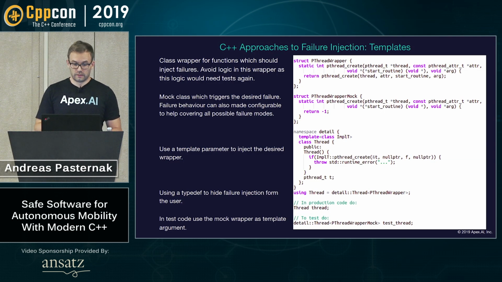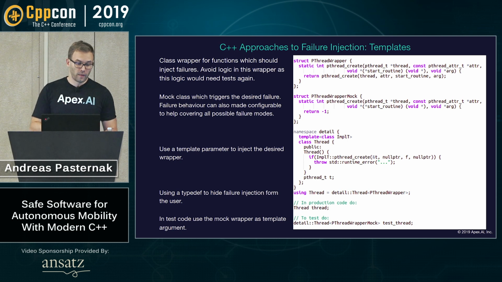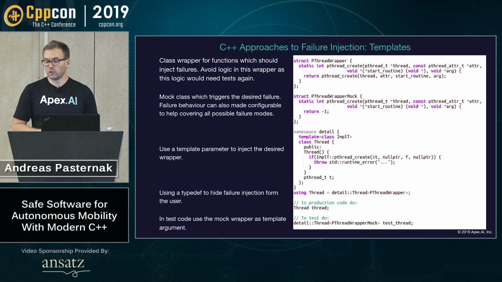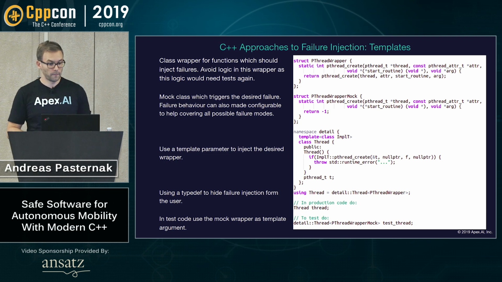I think there are two common ways to do failure injection in C++. One is templates. You would create a class wrapper for a function that should inject failures. In this wrapper you need to avoid logic, because otherwise you would have to test the wrapper again. Then you would create a mock class which triggers the desired failures.